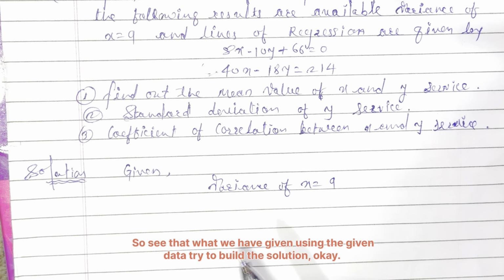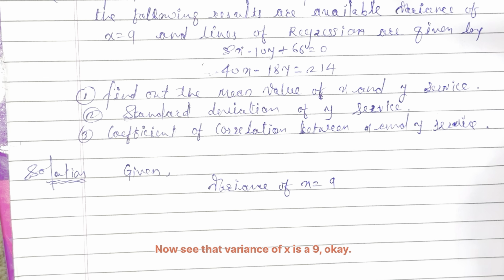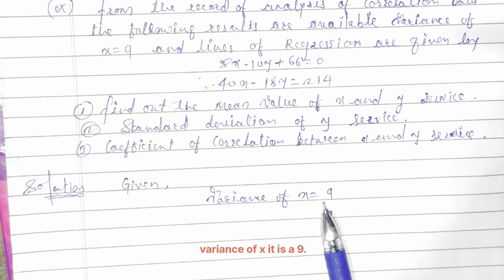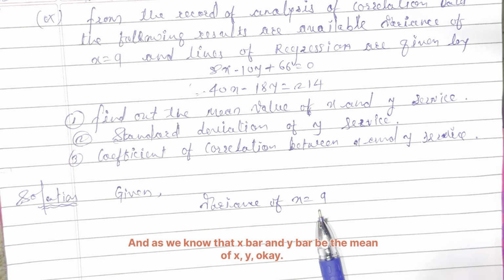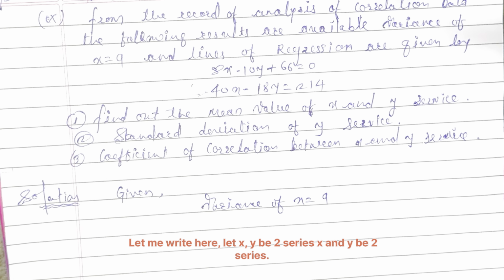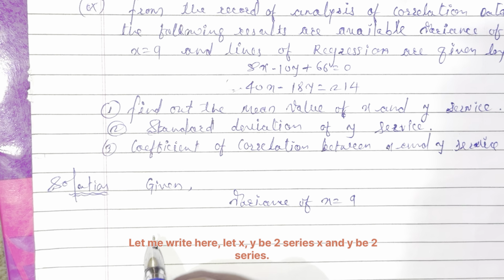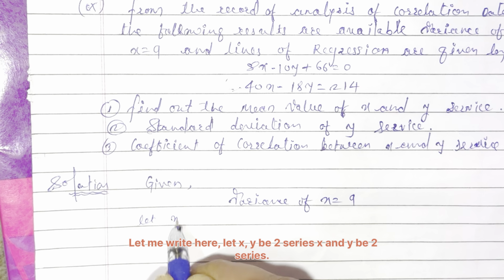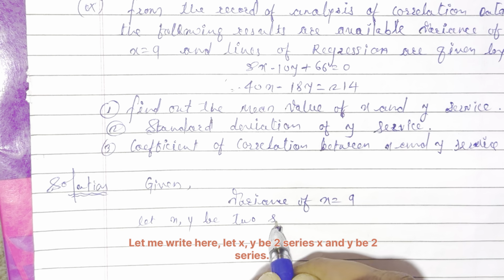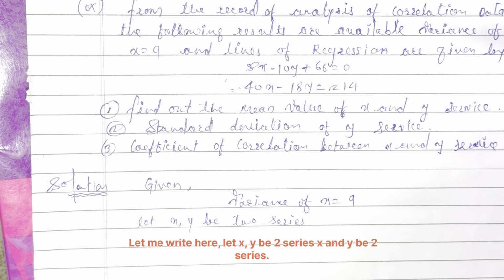See what we have been given, and using the given data let us build the solution. The variance of x is 9, and as we know, x bar and y bar are the means. Let x and y be two series.